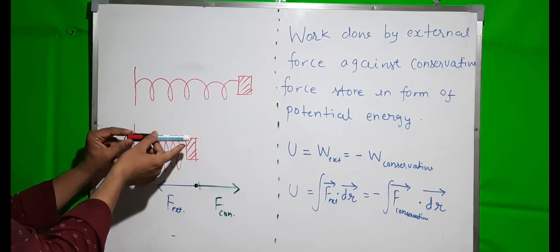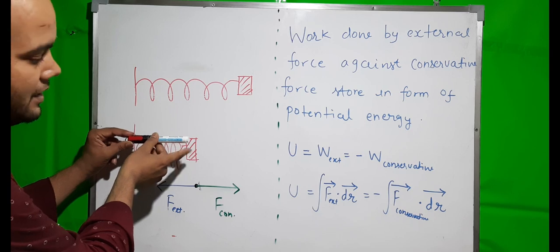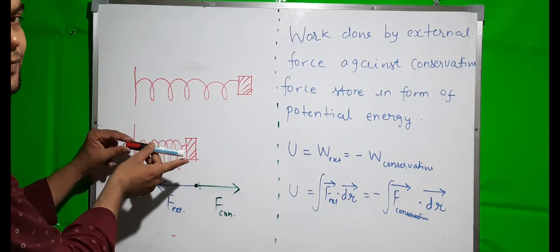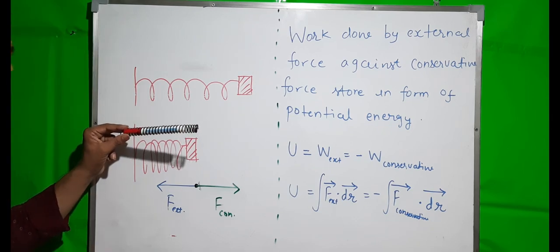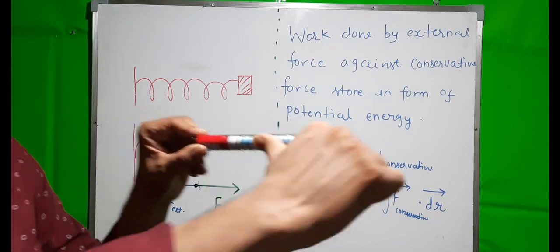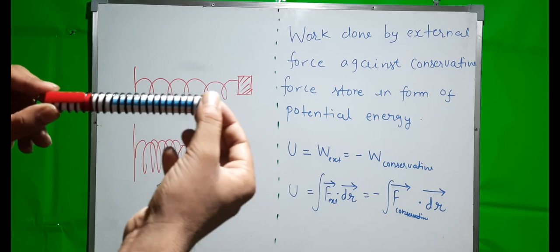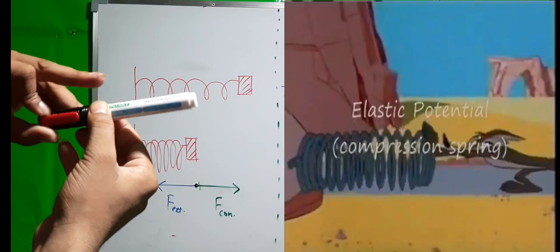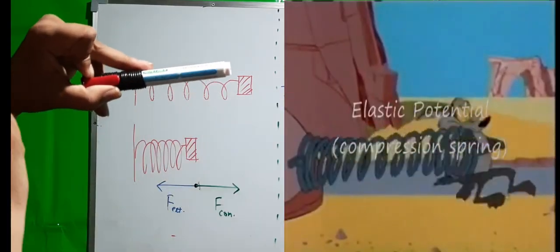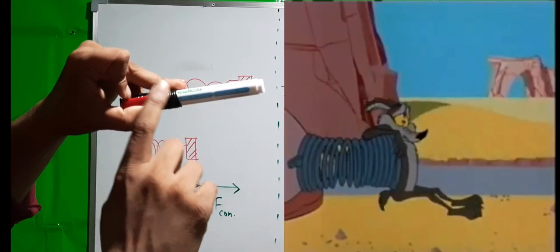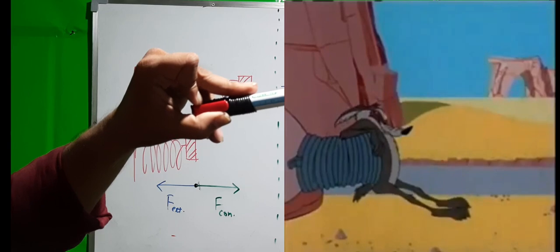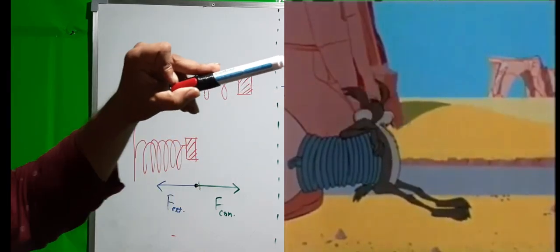Which one is the conservative force here? The spring force, the elastic force, is the conservative force. And the applied force is doing work against the conservative force. That's why this spring should store some energy, and this energy is known as the potential energy of this spring.